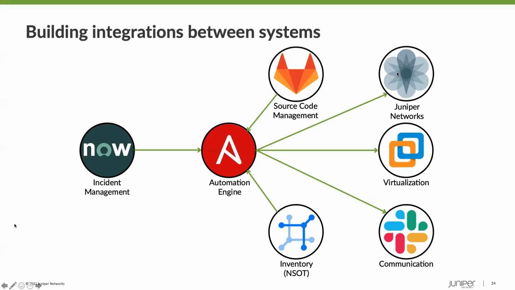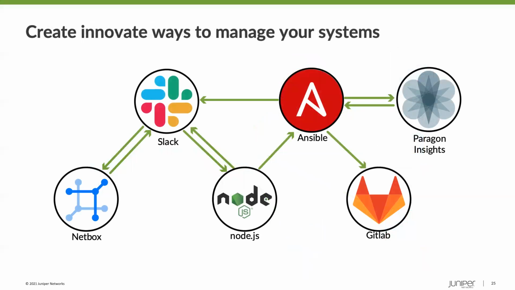Interacting with my Juniper network devices, that can be over REST API, or it can be over NetConf API, whatever makes the most sense. So you can start to build these entire workflows that completely transform how your team and how your network is operated. It's extremely exciting to have these types of ideas and visualizations.